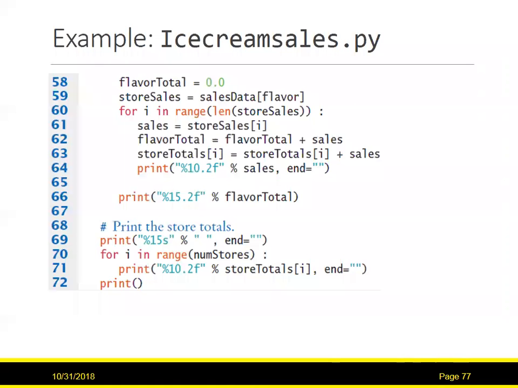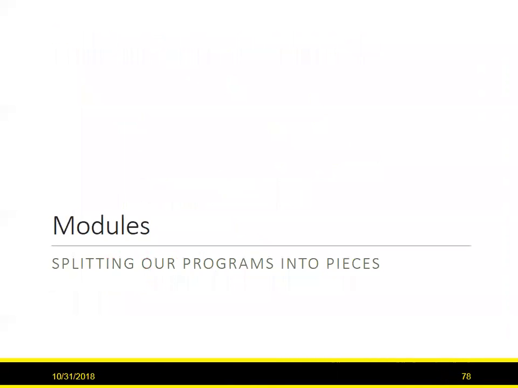And if you notice, this is tabbed over, because each flavor has multiple stores, multiple store values. I thought it was just going through one flavor. When you get into nested data types, you tend to have nested loops as well for each value inside of that data set.